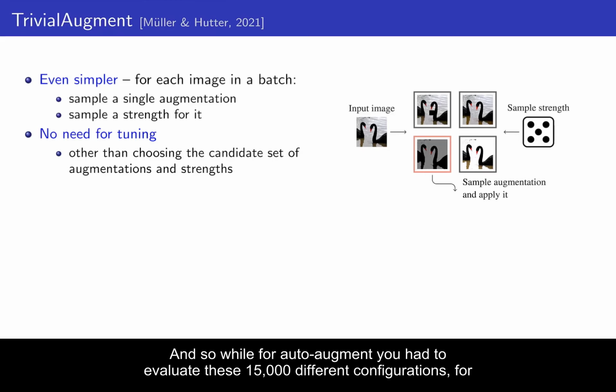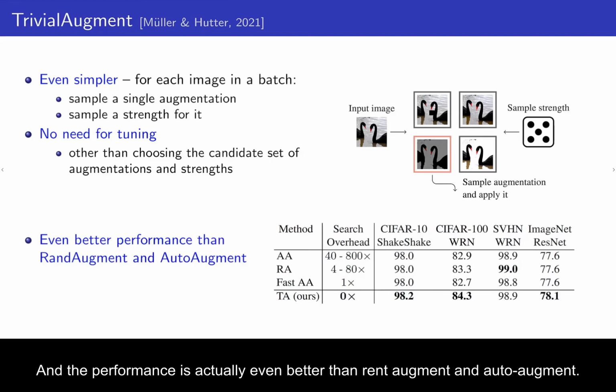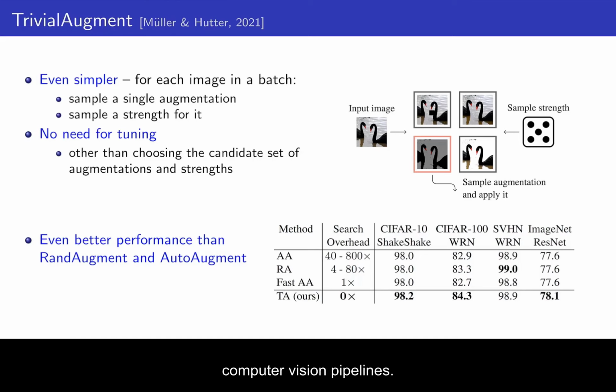So while for AutoAugment you had to evaluate these 15,000 different configurations, and for RandAugment you still had to tune 2 hyperparameters, so that might still be 50 evaluations or so, for TrivialAugment there's 0 overhead. And the performance is even better than RandAugment and AutoAugment. And so we believe that this is going to become a new baseline or a new default for many different computer vision pipelines.